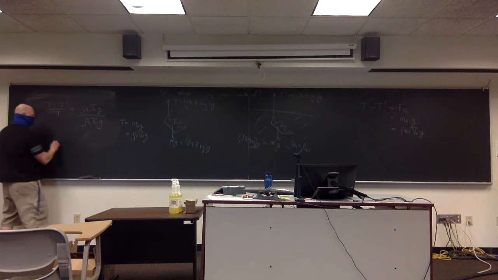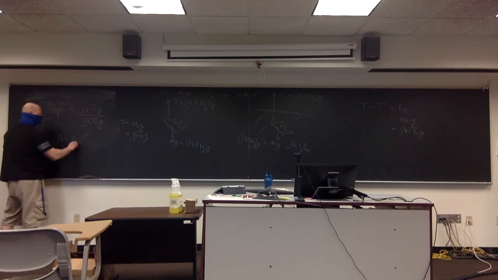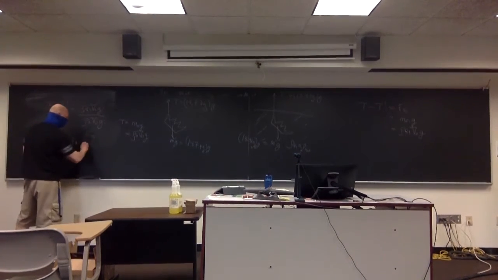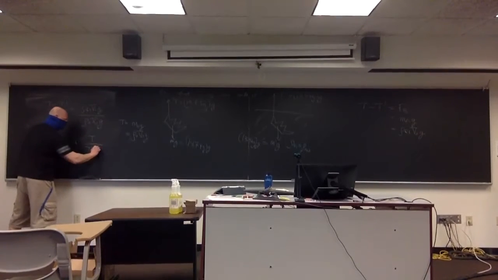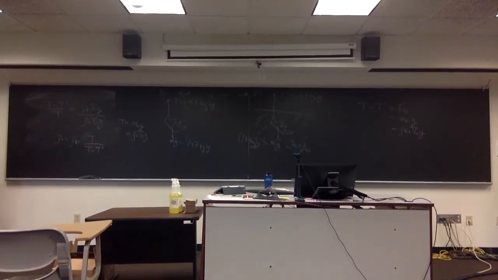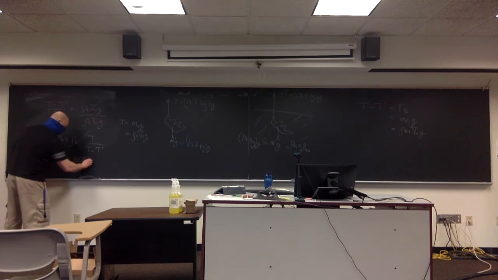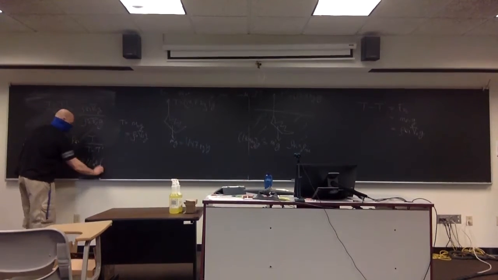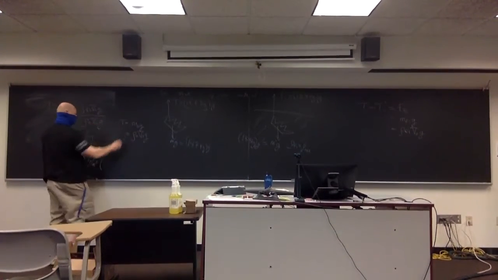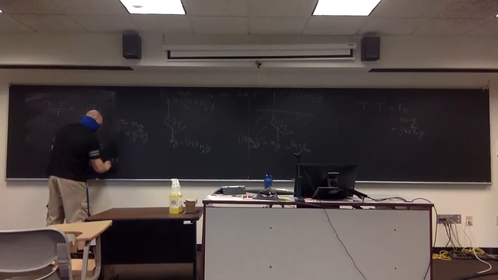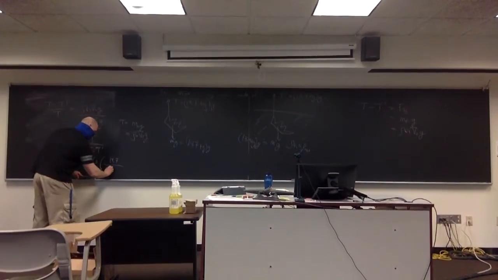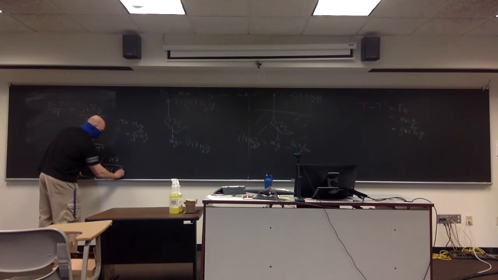So finally, the density of the object is equal to the density of the fluid times the ratio of the tension out of the fluid, divided by the difference between the tension out of the fluid and in the fluid. Okay? So this is equal to 1,000 kilograms per meter cubed times the tension out of the fluid, 14.7, divided by 14.7 minus 13.4.